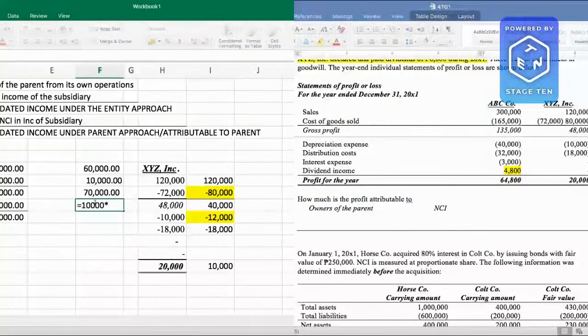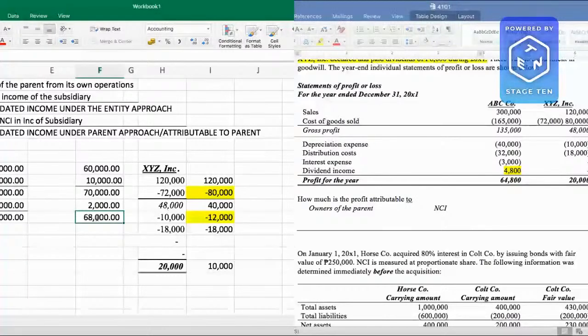In this problem, it is 20% since the parent owns 80%. So times 20%, you will have 2,000. Okay. So 70,000 minus 2,000, class, would give you 68,000. So the income attributable to the parent, income using the parent approach, is 68,000.